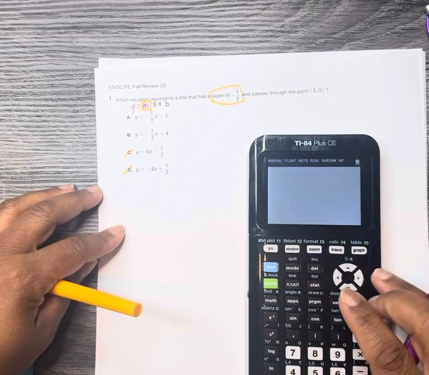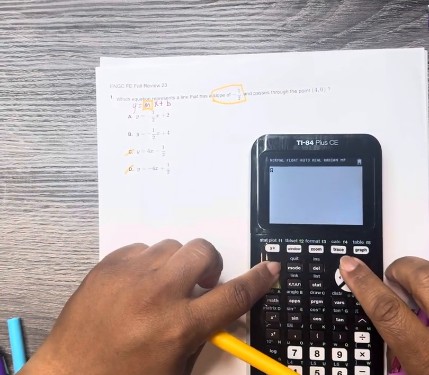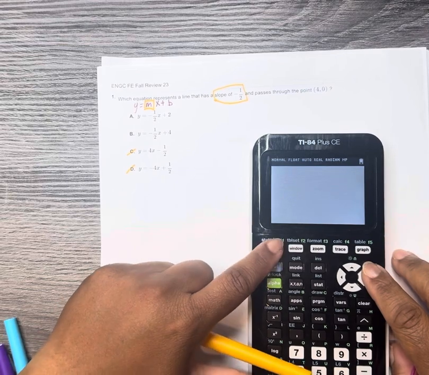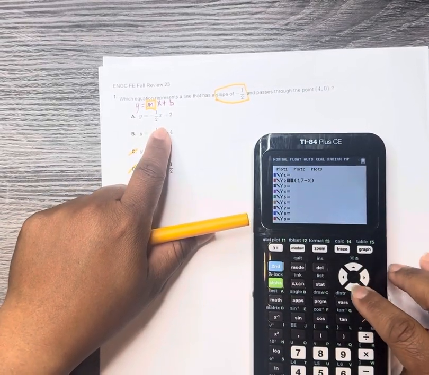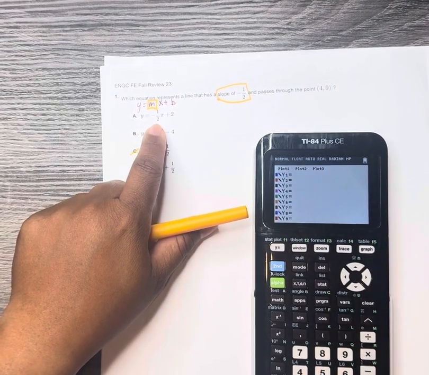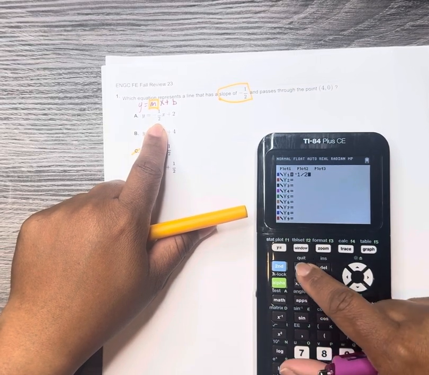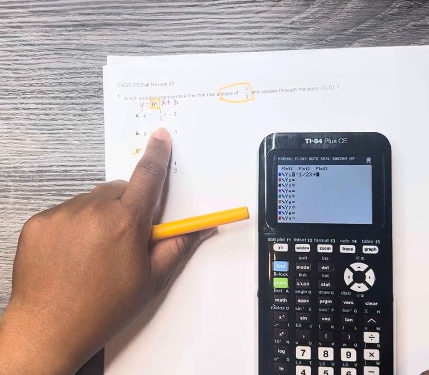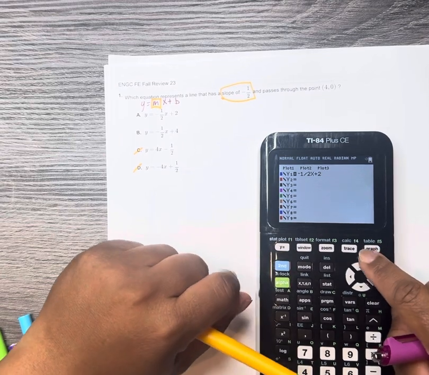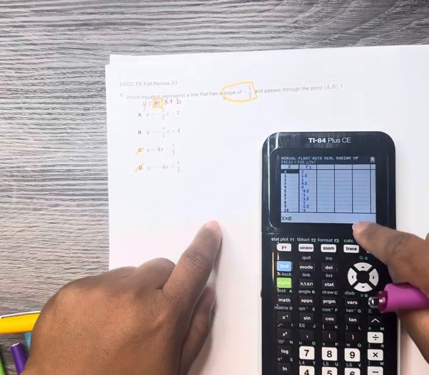An easy way to figure this out is to go into your calculator, plug in, for instance, A, -1/2 x plus 2. Press second graph, and let's look for the point (4, 0).